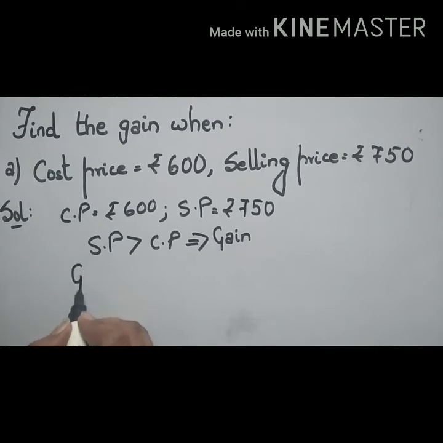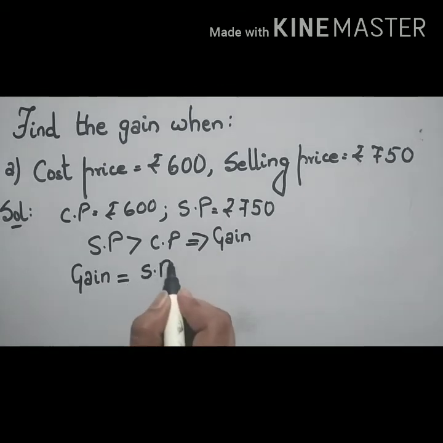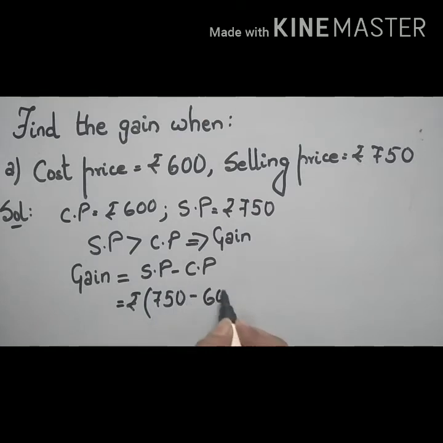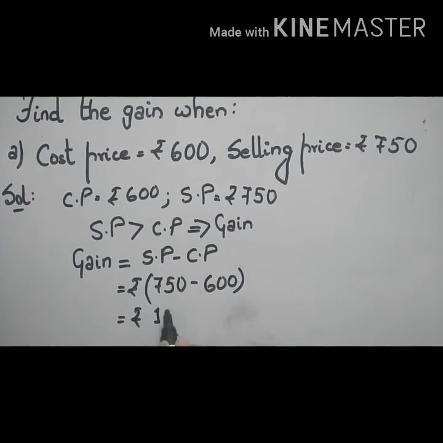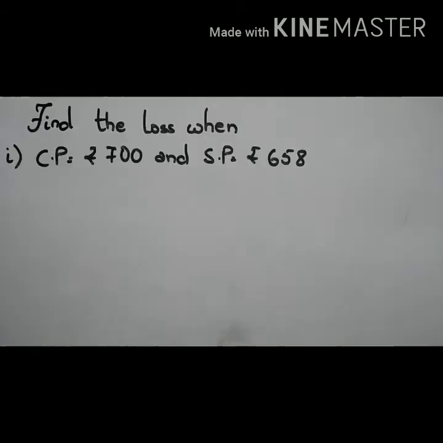How to calculate the gain? The formula for the same is gain is equal to selling price minus the cost price. So that is equal to rupees 750 minus 600, which is equal to rupees 150. So gain is equal to rupees 150.